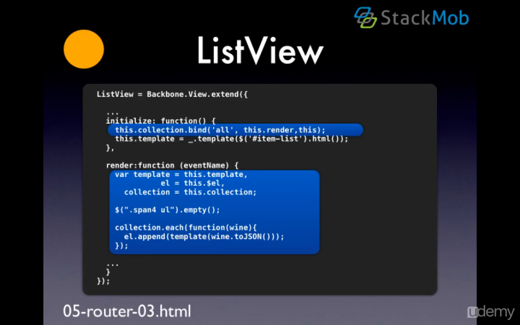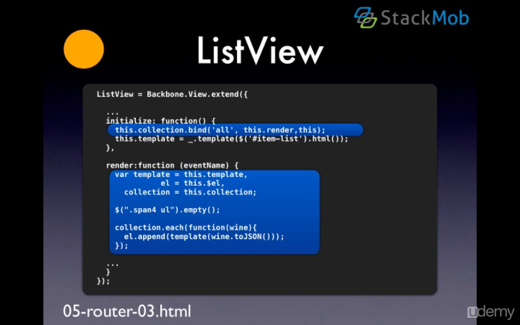Then inside of my list view, I'm binding all events on that collection and saying if any changes, adds, creates, removes, any events happen to my collection, then I want you to re-render this list view. I want you to call the render method.